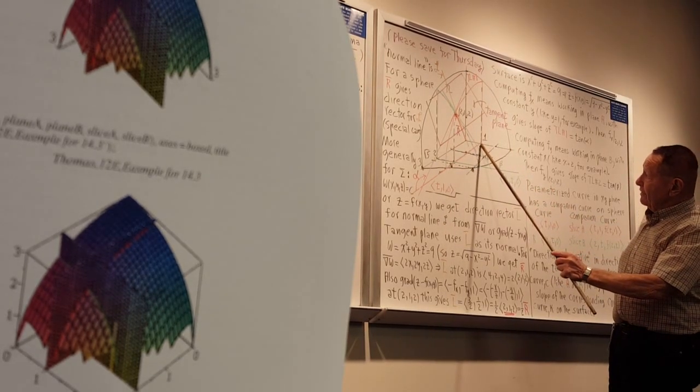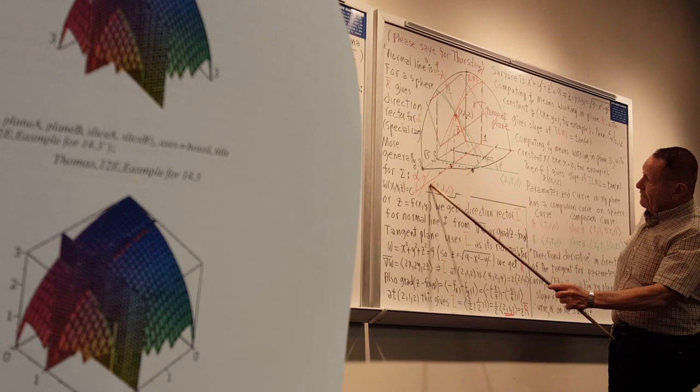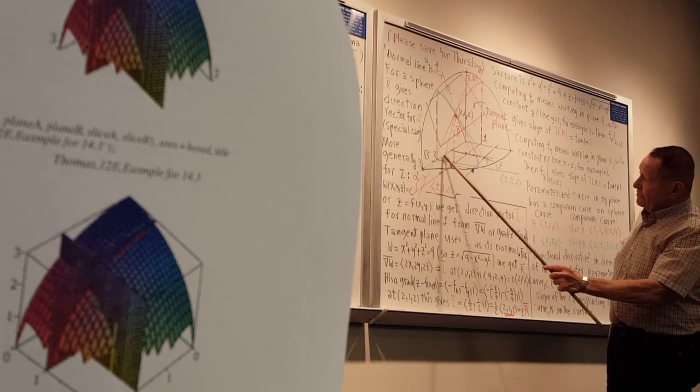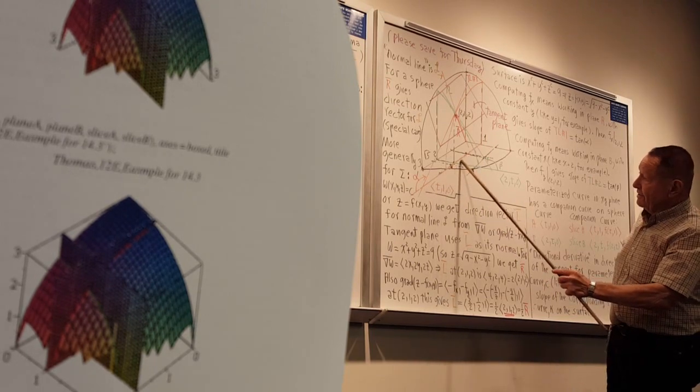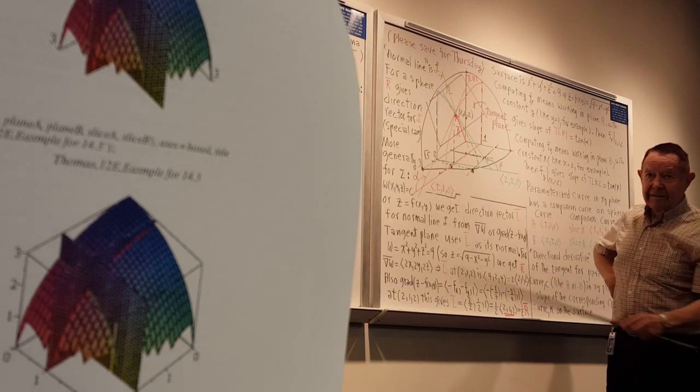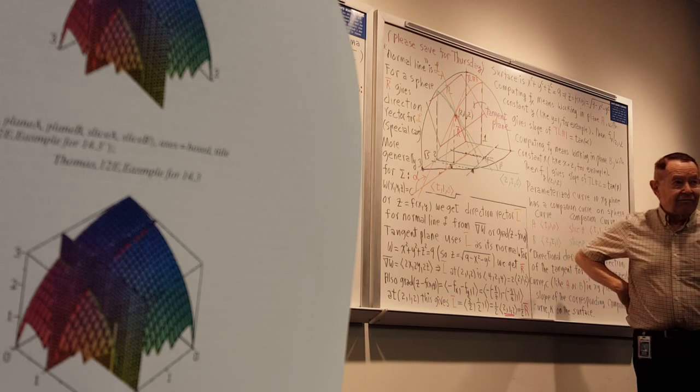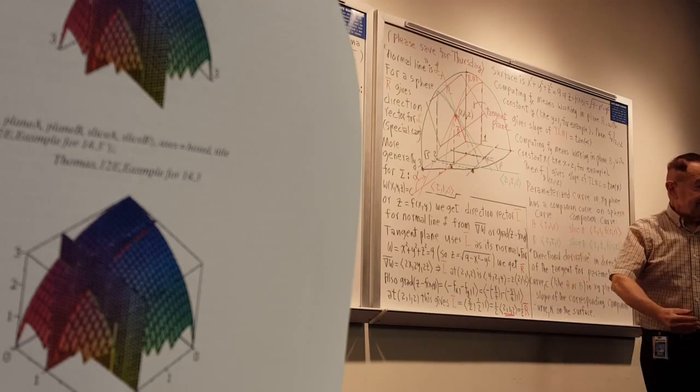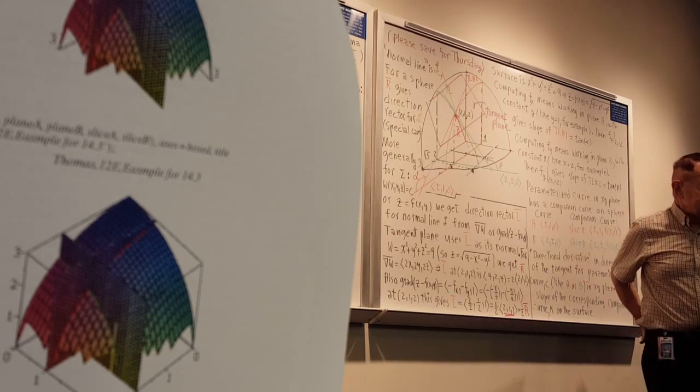The curve down here in the plane is the straight line parallel to the x-axis at y equals 1. And the tangent for that straight line is the unit vector i.